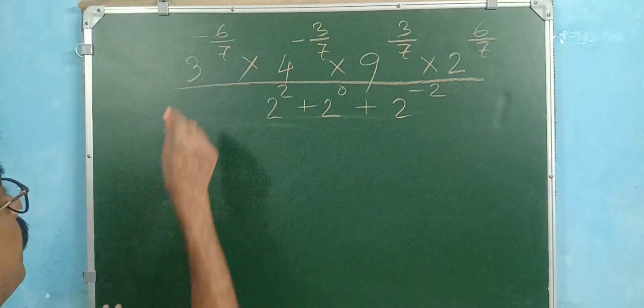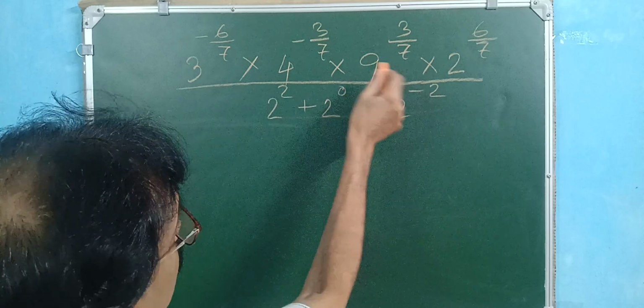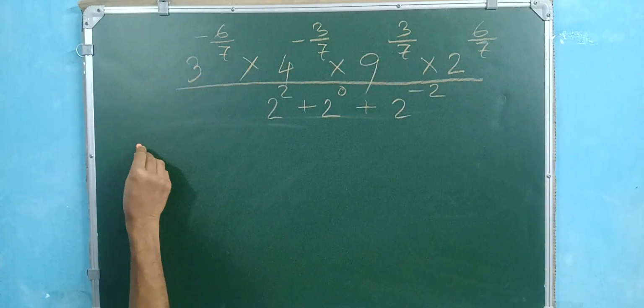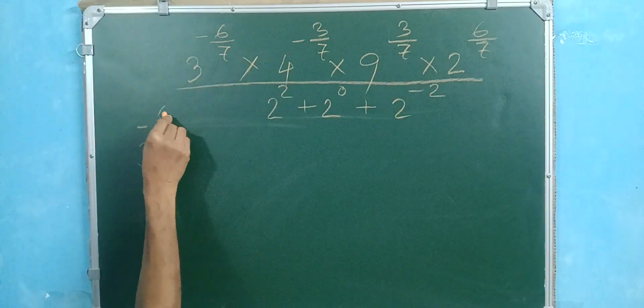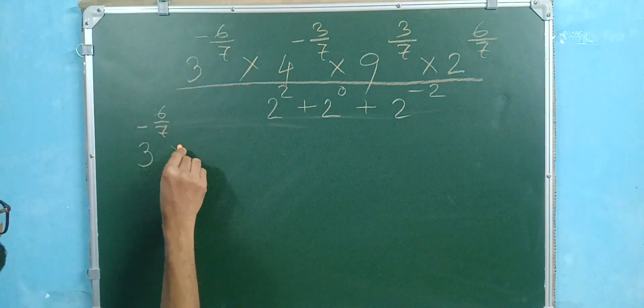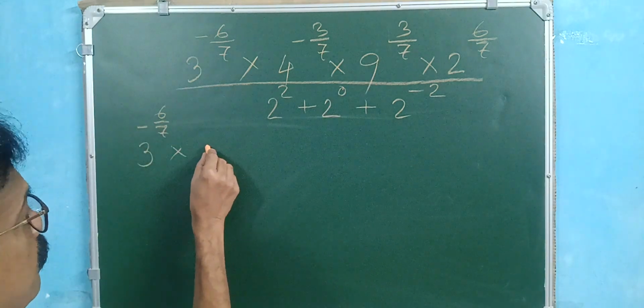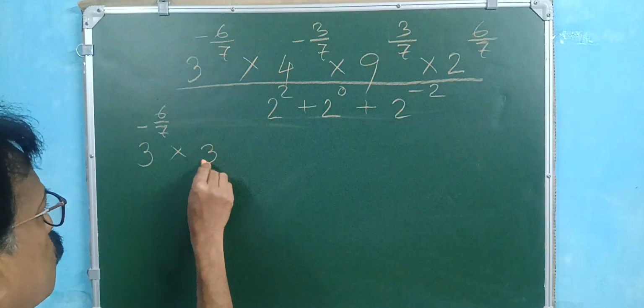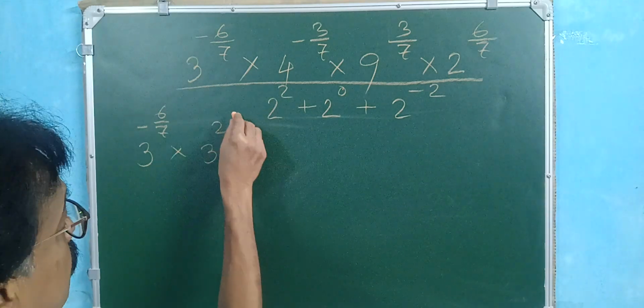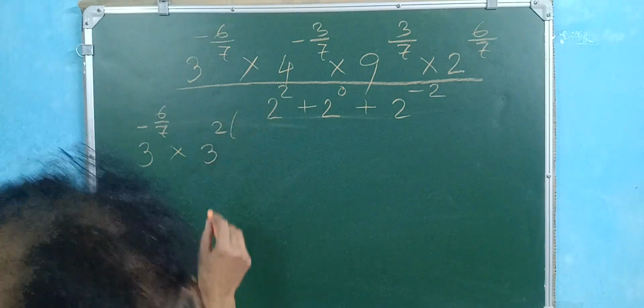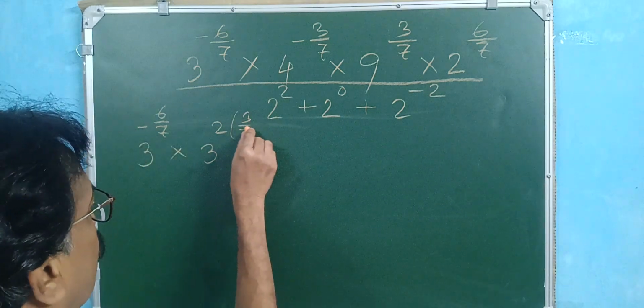First, 3 is the base, so 9 is changed to the base of 3. So here, starting with 3 to the power minus 6 by 7 into 9, actually write 3 square, to the power 3 by 7, okay, no problem.